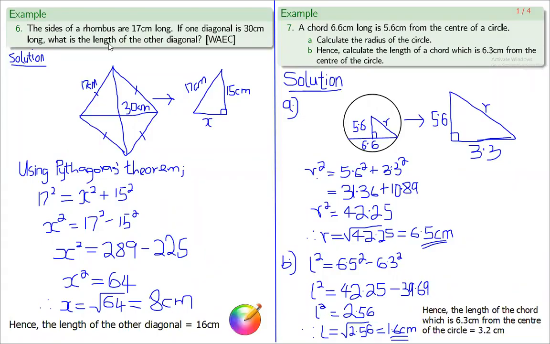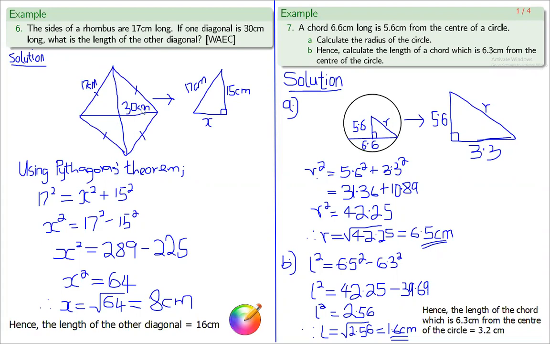So here is the solution to example 6 at the left side of my screen. And I gave a quick, rough sketch of the rhombus. It's of length 17 centimeters all through, and one of the diagonals is 30 centimeters.